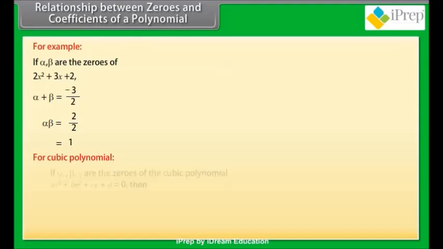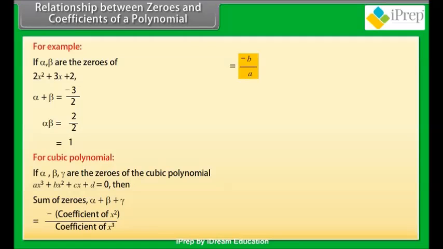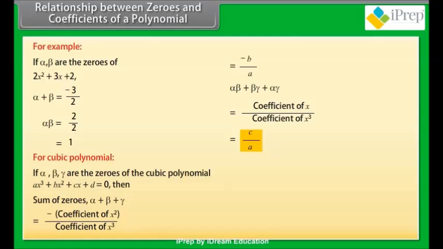For cubic polynomial, if alpha, beta, gamma are the zeros of the cubic polynomial ax³ + bx² + cx + d = 0, then sum of zeros, alpha + beta + gamma, is equal to minus coefficient of x² upon coefficient of x³, which equals -b/a. Alpha beta + beta gamma + alpha gamma is equal to coefficient of x upon coefficient of x³, which equals c/a.